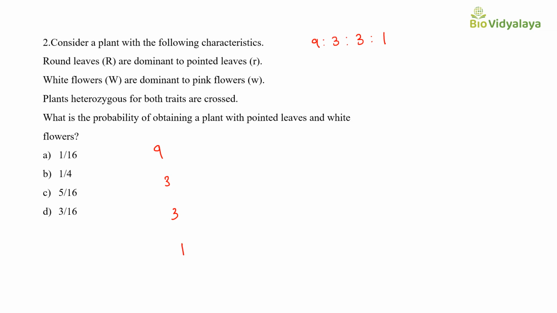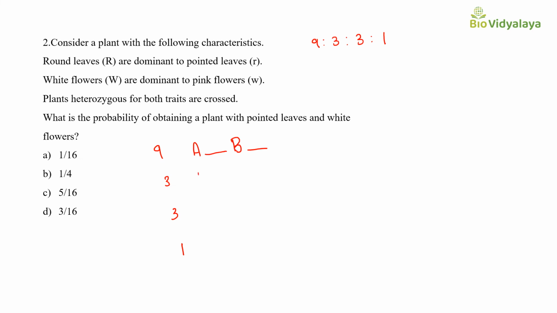And the general genotype: capital A, dash. This dash may be capital A or small a. Next capital B, dash. This dash may be small b or capital B. Okay.